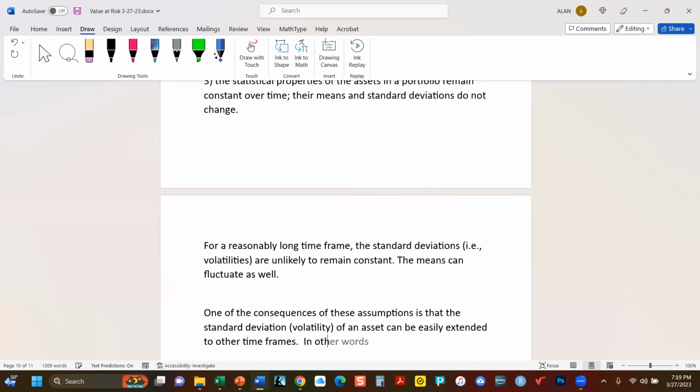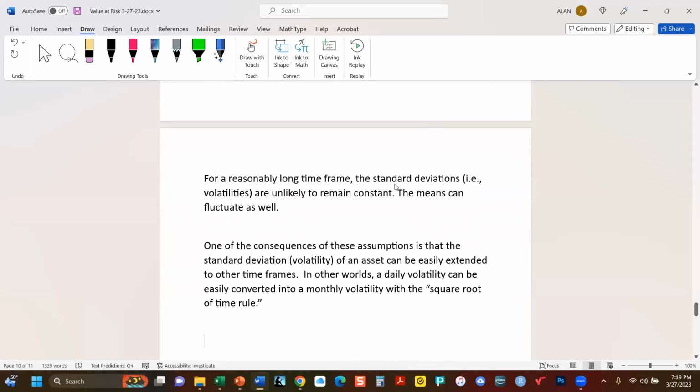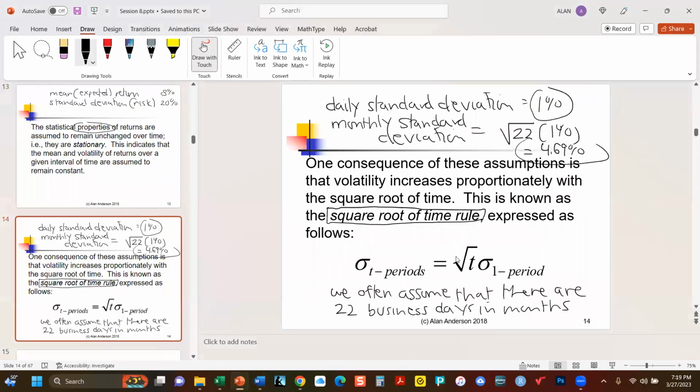In other words, a daily volatility can be easily converted into, let's say, a monthly volatility with the so-called square root of time rule. And how does that work? Well, let's see.